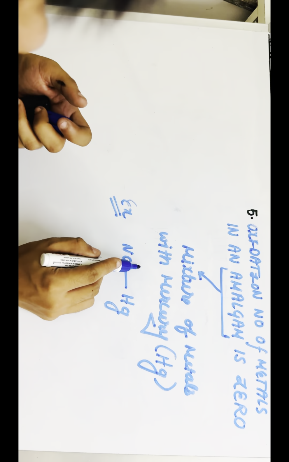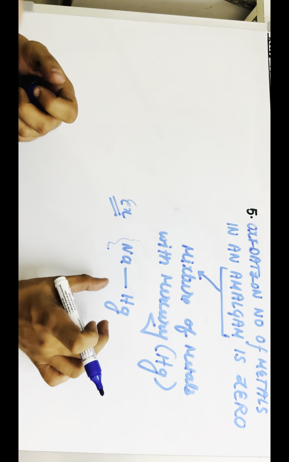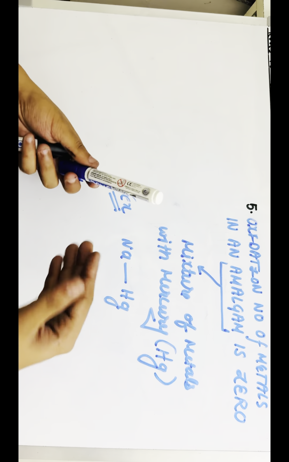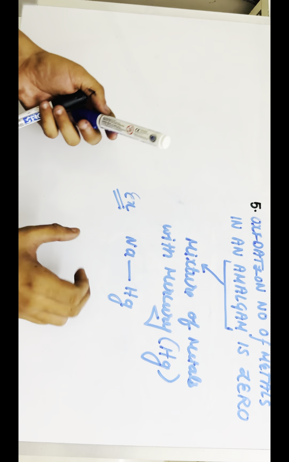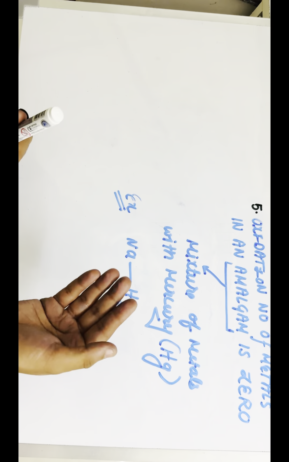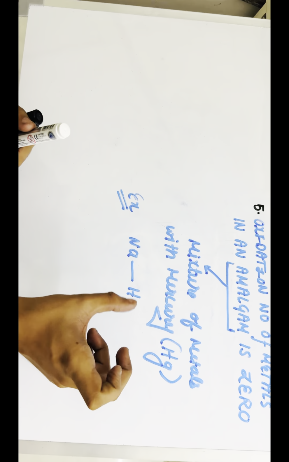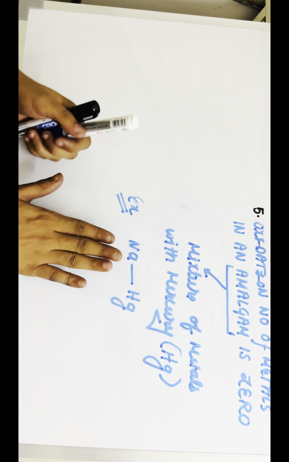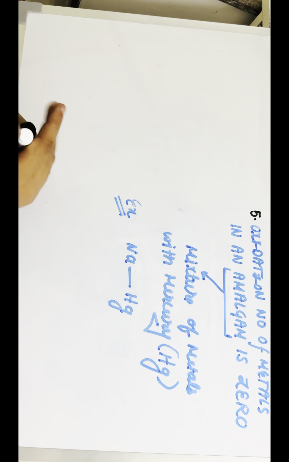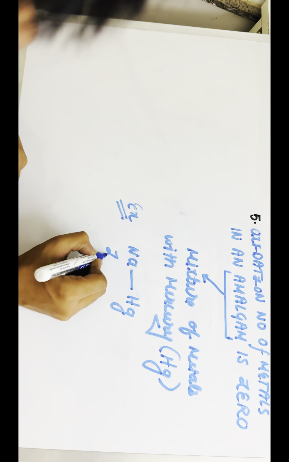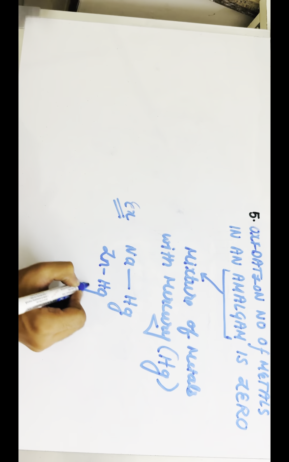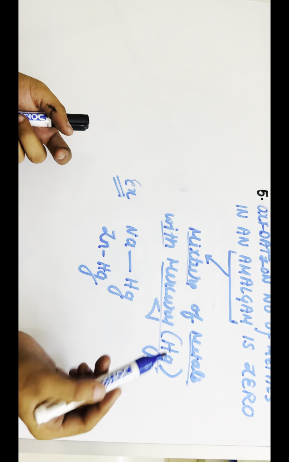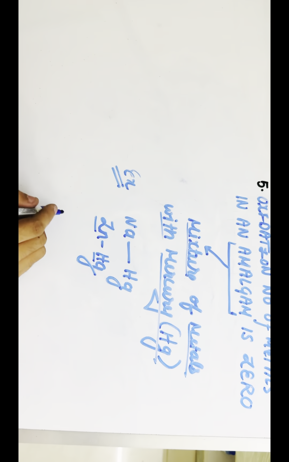The examiner can change the metal, but the Hg should be there to say it is an amalgam. So the oxidation number of sodium is 0 here. Now ZnHg is also an amalgam, a mixture of metal with mercury. So it means amalgam, 0.